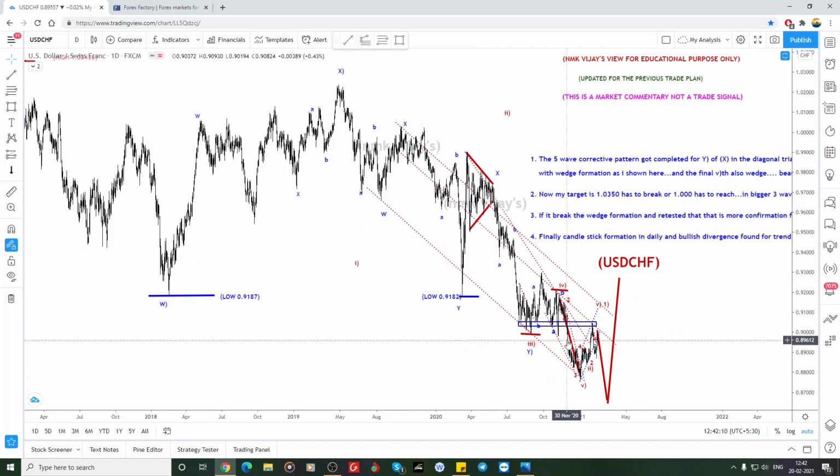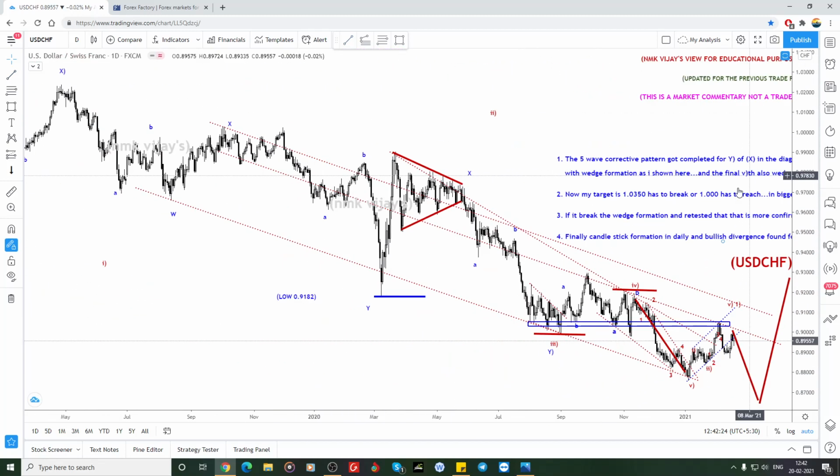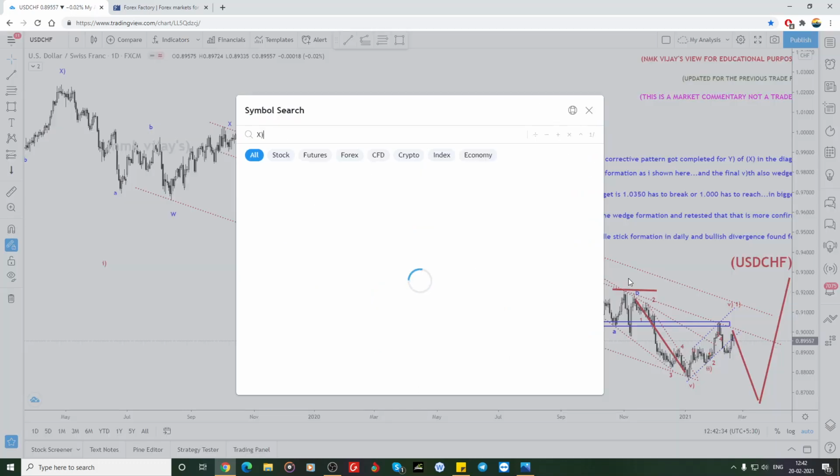If Y is ended and it is also below that W, so it has to shoot from here. But still this is also a 5-wave corrective pattern. So in that case, this is the end of that Y and one more X, that is for the Z wave continuation.